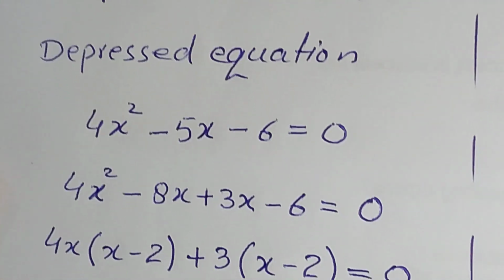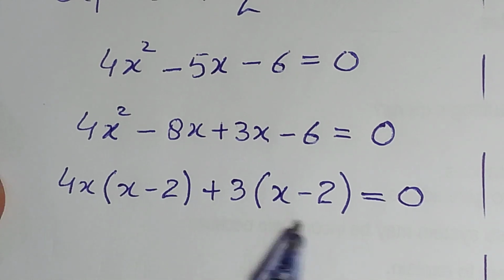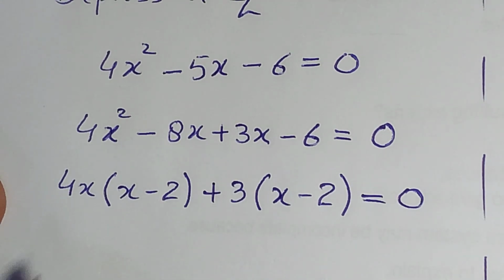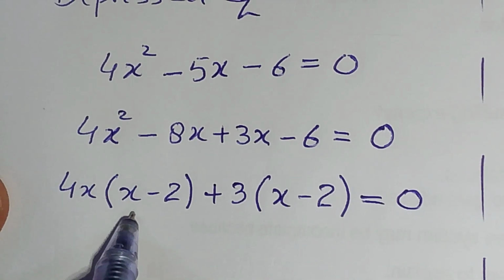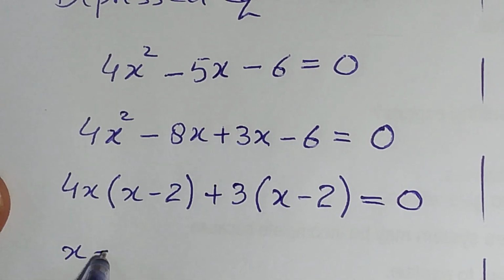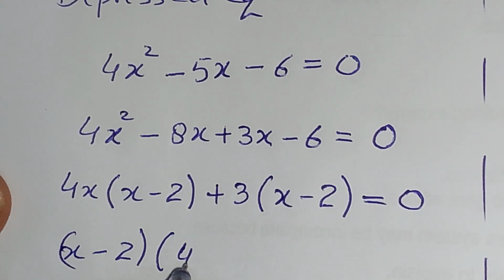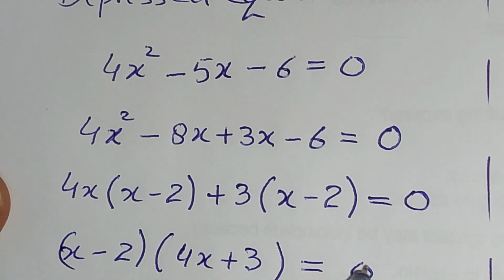If the same values come here, it means your question is correct. Okay, and if they don't match with each other, it means that you have done something wrong in the question. So here we take this common again, x minus 2, and here will come 4x plus 3, that is equal to 0.